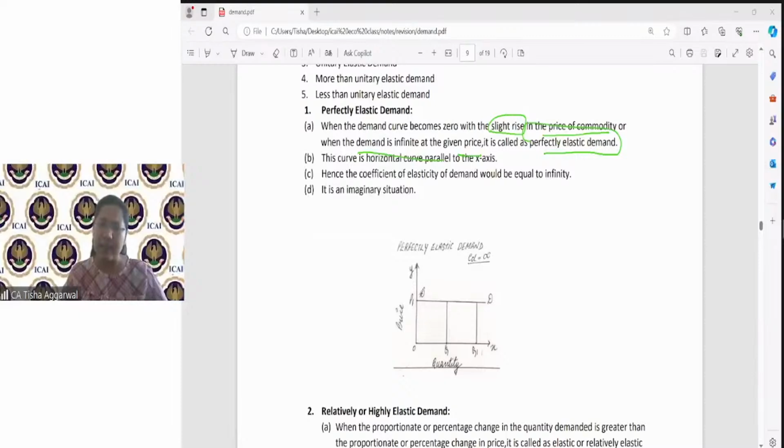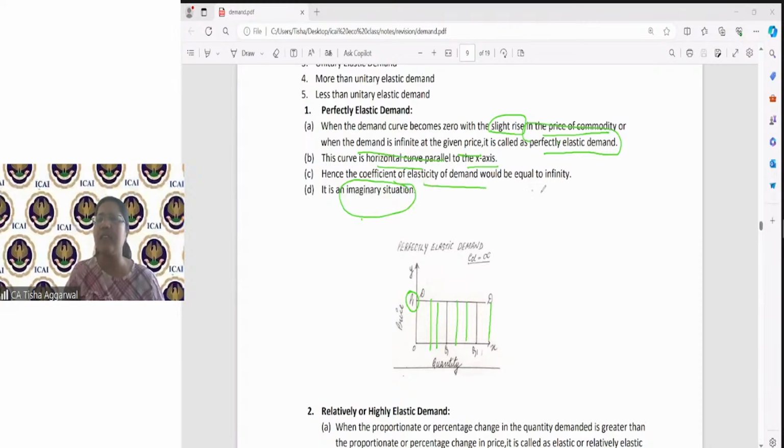Now look at this. The price is constant, and at that particular constant price, the quantity might change. First thing, understand it. There is no product like that. That means, can I say it's an imaginary situation? Second, the demand curve is going to be a horizontal curve parallel to the x-axis.